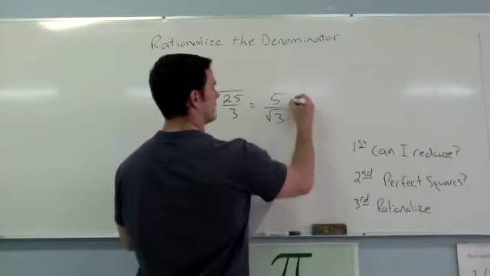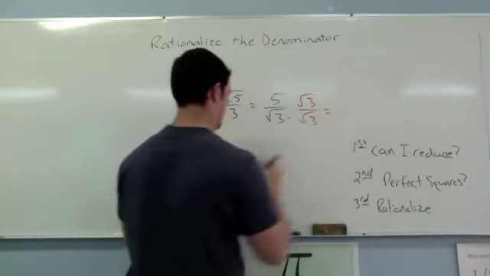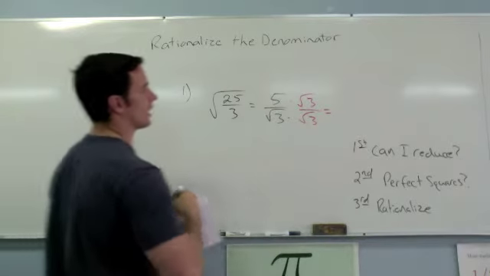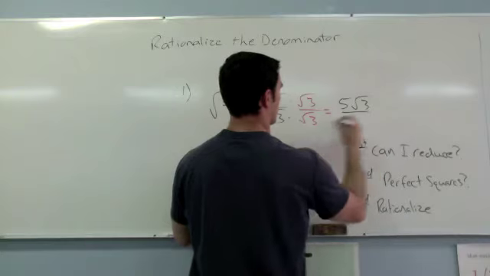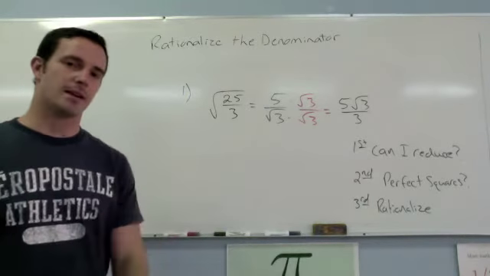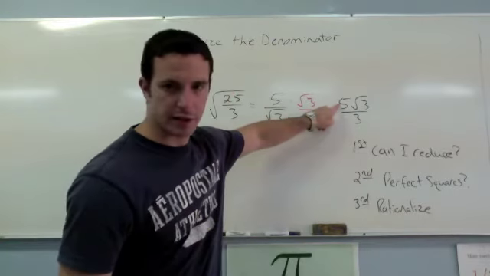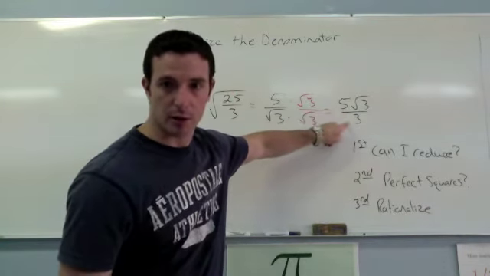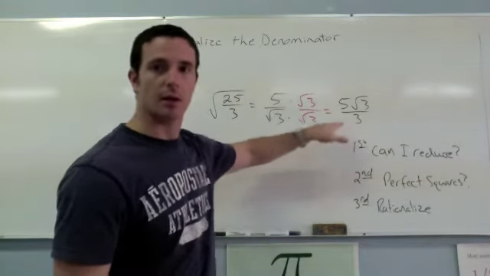So, multiply the top and bottom by radical 3. So with that final answer, I get 5 radical 3 over 3. At the end, make one last check to see that the number on the outside cannot reduce with the number underneath. 5 and 3 cannot reduce, you're finished. That's the answer.